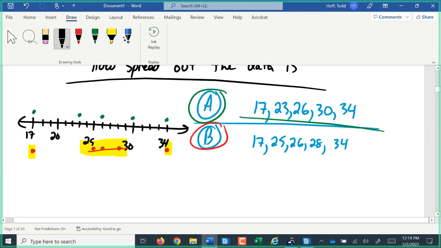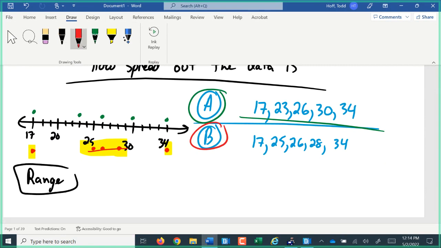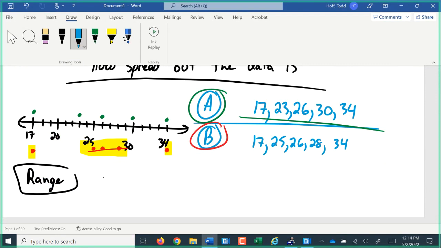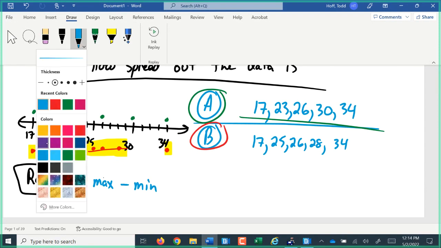Well, our first and simplest measure of spread is something called the range. And that range uses those two terms we defined for the mid-range, that is the maximum and the minimum. So the range of a data set is simply the maximum minus the minimum.